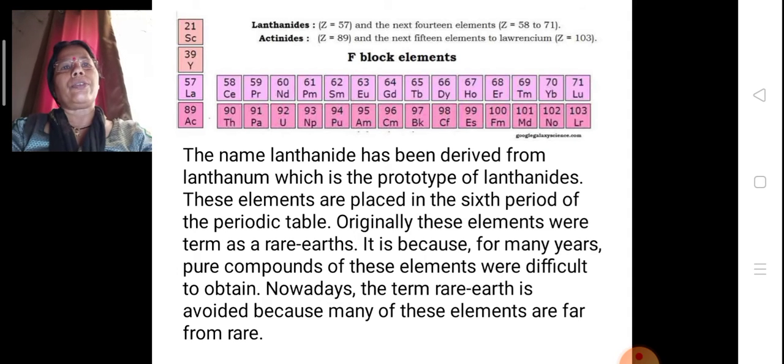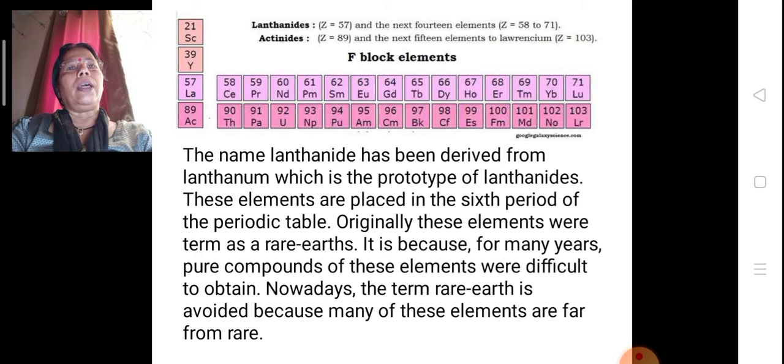Lanthanide series, as shown on the slide: atomic number 57 and the next 14 elements, atomic numbers 58 to 71, are placed in the lanthanide series, also named lanthanones. Actinoids start at atomic number 89 and the next 14 elements up to lawrencium are the actinide series elements.